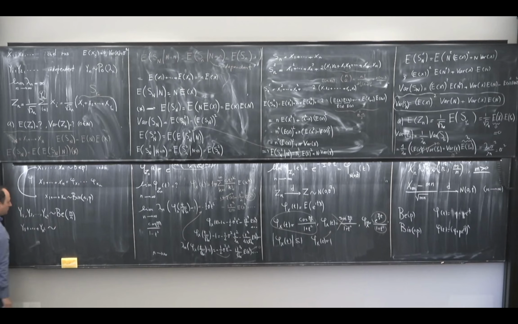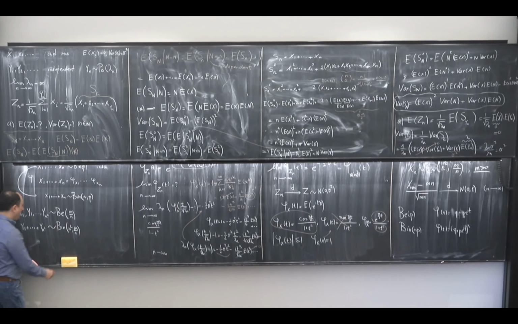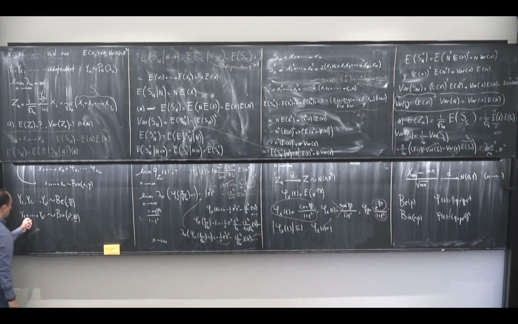What's the distribution? Exactly what I told you here: it's binomial, with the number of variables, in this case n squared, and m over n. Do you agree?